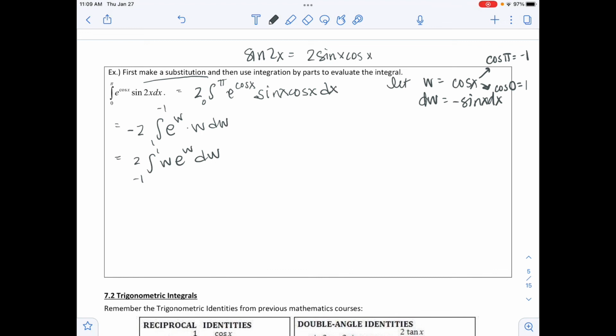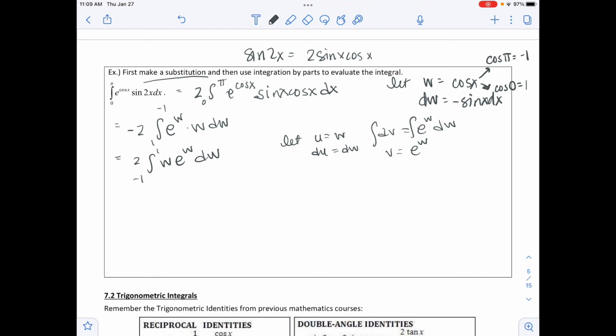So using integration by parts, I'm going to let u equal w, and then dv would equal e to the w dw. So du is going to equal dw, and then integrating over here we get v equals e to the w.